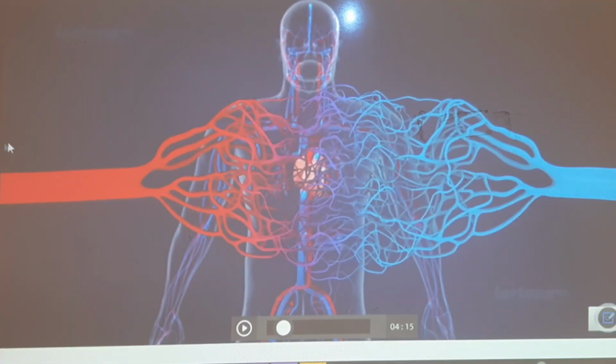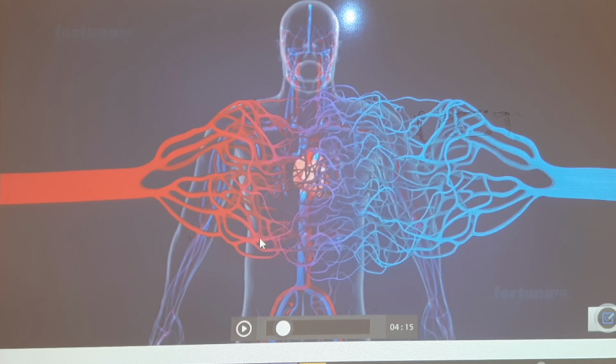Okay. So, children, here you can see an artery. This is a large artery, and this large artery splits into small arteries, and these small arteries again split into very small arteries. These very small blood vessels are known as the capillaries.